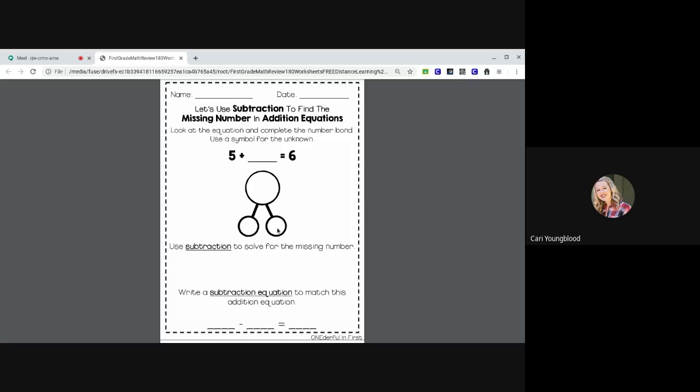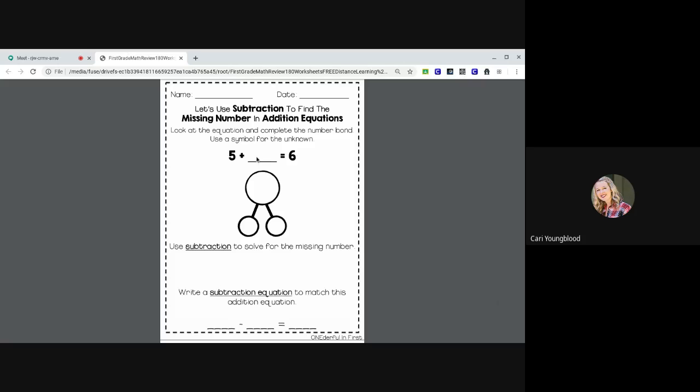We don't know what this other part is. So this is the strategy we're going to use to figure out that part. There are lots of different strategies you can use, and we've practiced drawing a picture and flipping it into a different kind of equation. That's actually what we're going to do today. We're going to use subtraction to solve for the missing number, so we're going to write a subtraction equation to match the addition equation up here.